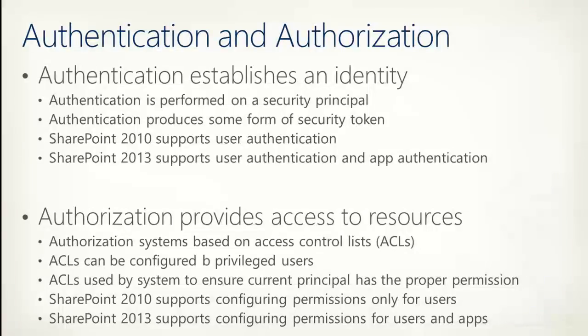That basically gives the user a badge, and the system uses it to understand the identity of that security principal. Once we understand the identity of a security principal, we can configure security in an authorization system based on access control lists.